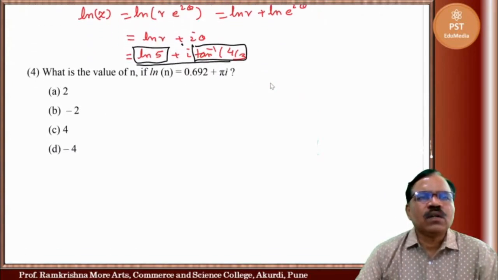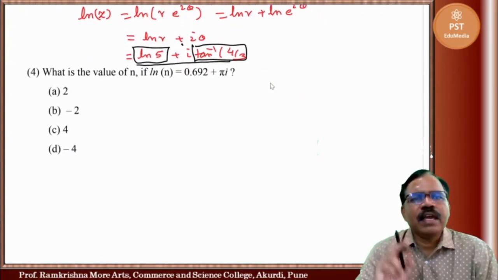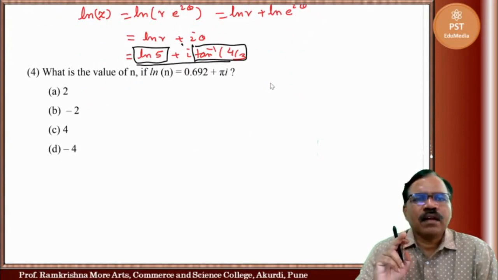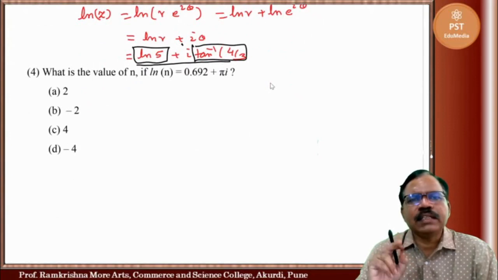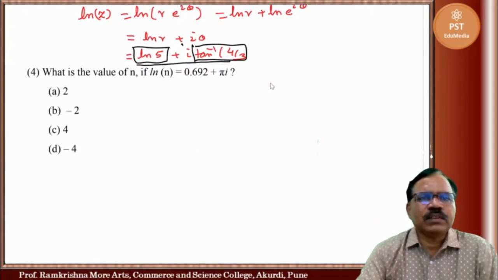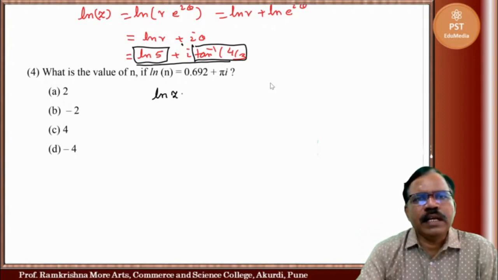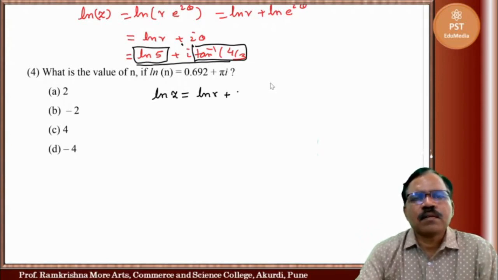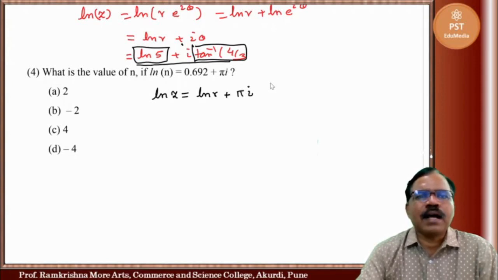Now next one: what is the value of n if ln n is equal to 0.692 plus pi i? We have seen log z is equal to log r plus i theta.